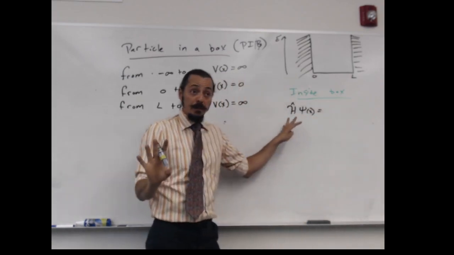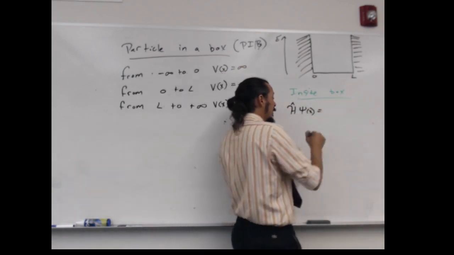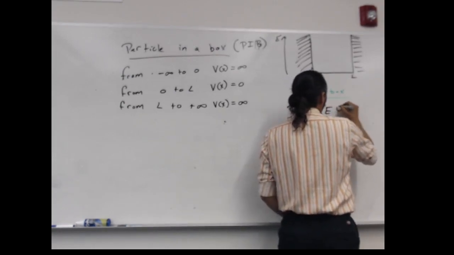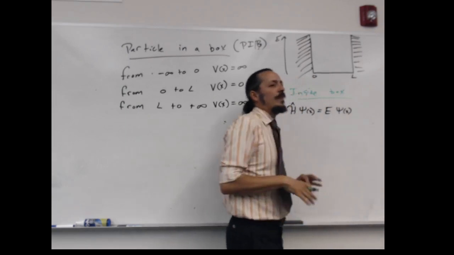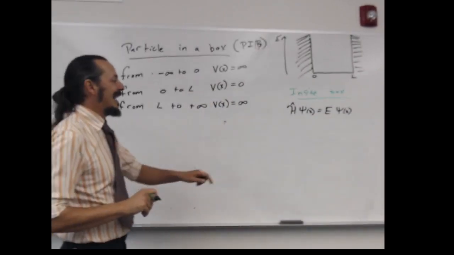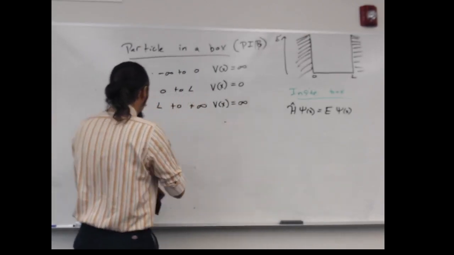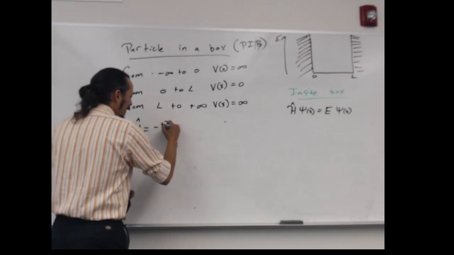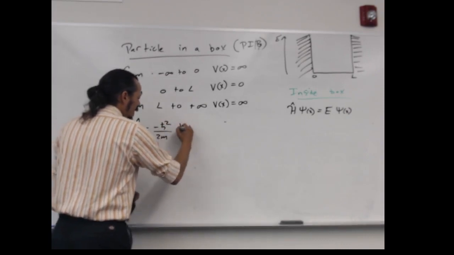The wave functions for this might be different than the other ones we just did. Equals E psi of x, right? We always kind of start with the Hamiltonian equation. The thing that makes our problems different is how we define the Hamiltonian. Right? The Hamiltonian is going to be negative h bar squared over 2m d by d.